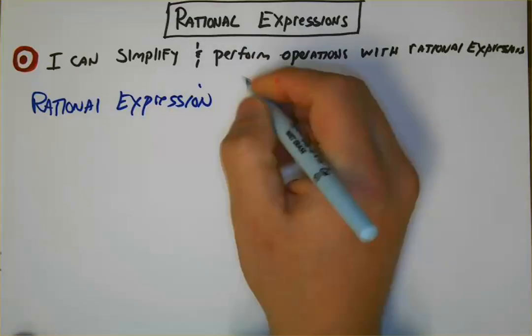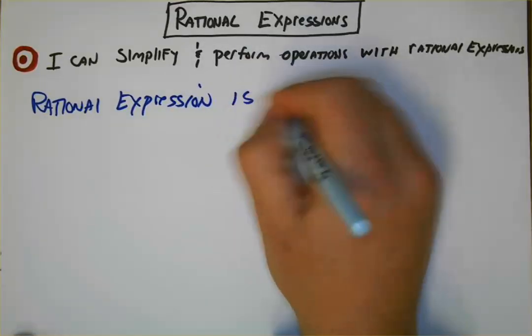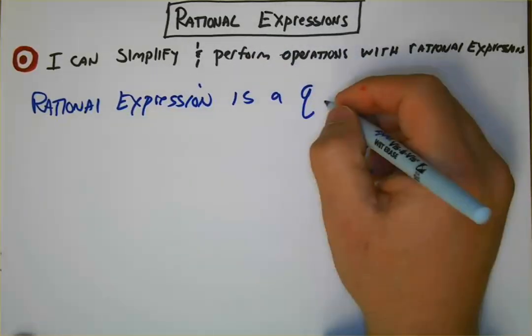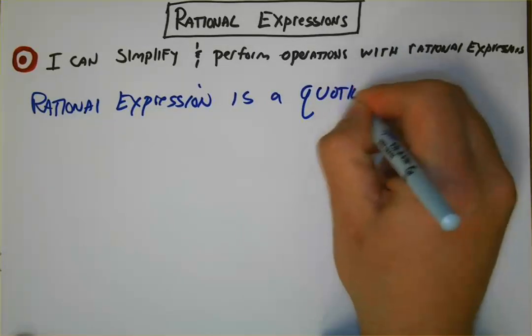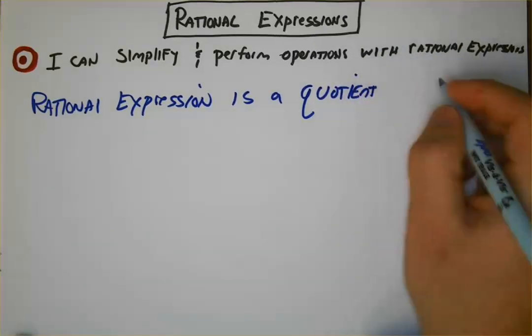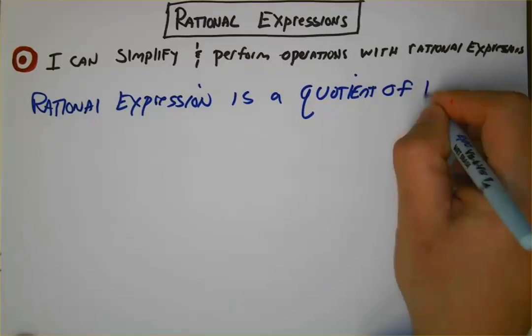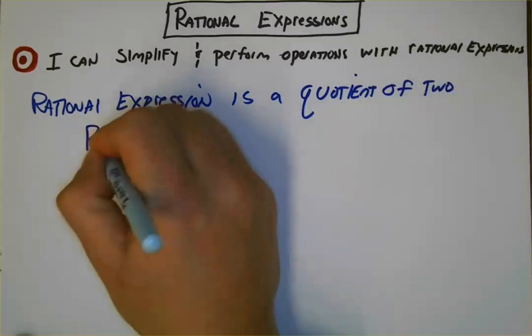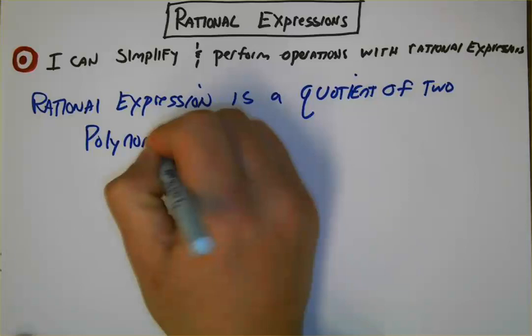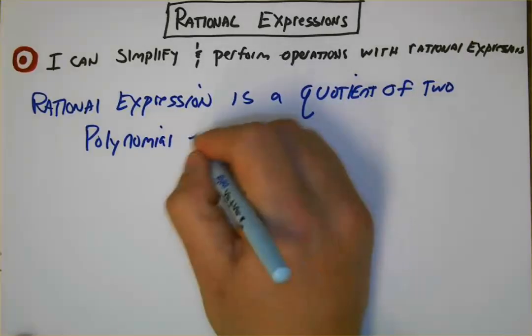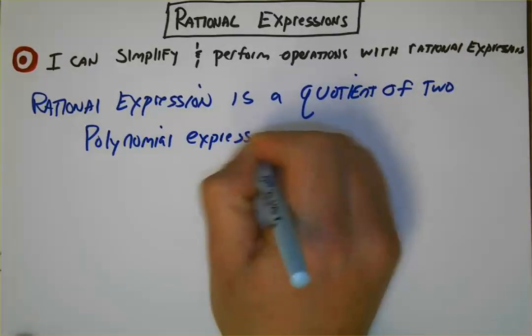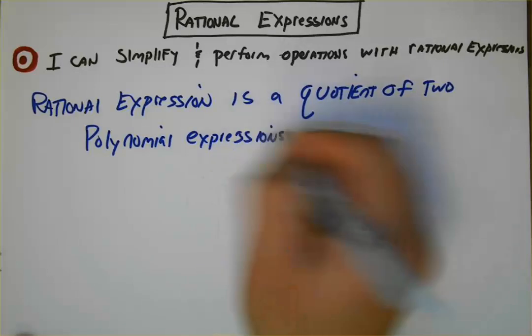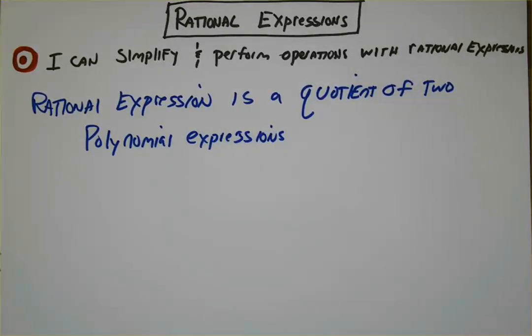A rational expression is a quotient of two polynomial expressions. What the heck does that mean? Quotient means to divide, and polynomial means you have degrees.